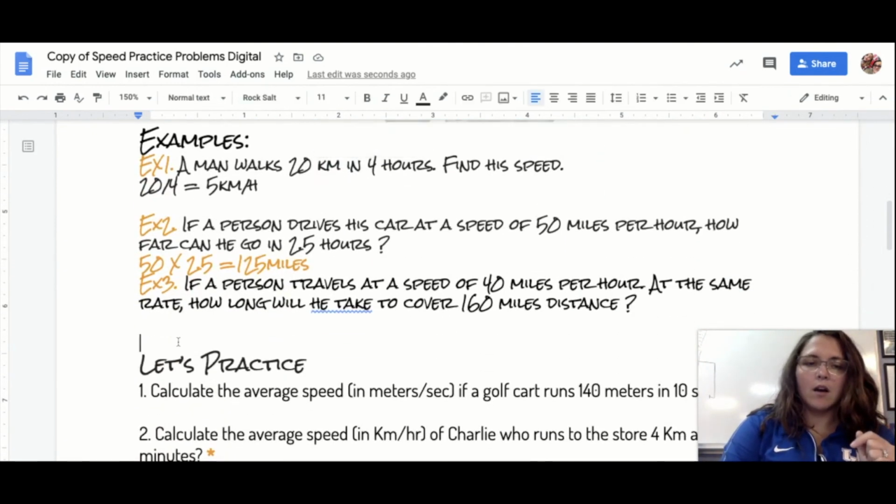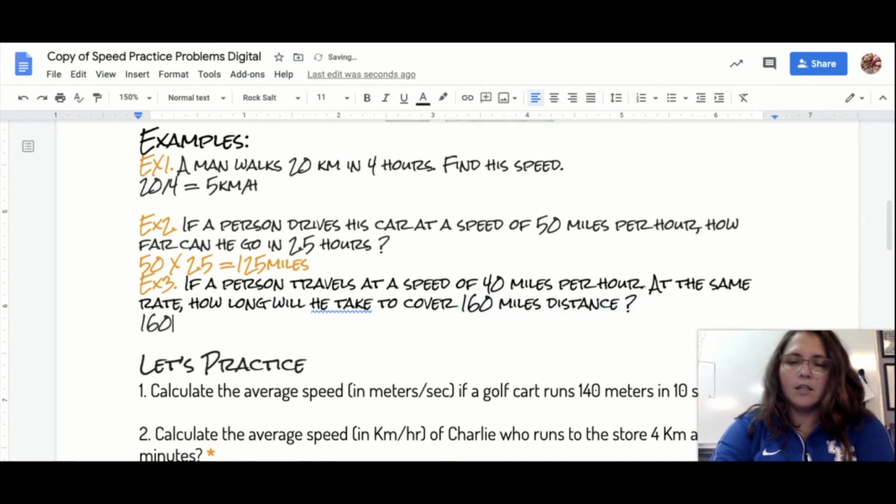My distance was 160 miles. So I'm going to do 160 divided by the speed, which was 40 miles per hour. 160 divided by 40 equals 40.